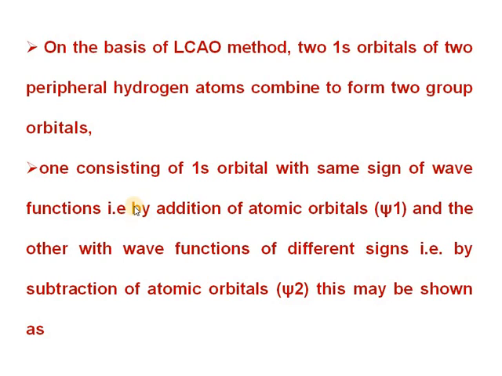On the basis of the linear combination of atomic orbitals method, the two 1s orbitals of the two peripheral hydrogen atoms can combine to form two molecular orbitals. One consists of the 1s orbitals with the same sign of the wave functions, that is by addition of atomic orbitals, psi1, and the other wave function forms with different signs, by subtraction of atomic orbitals, psi2.